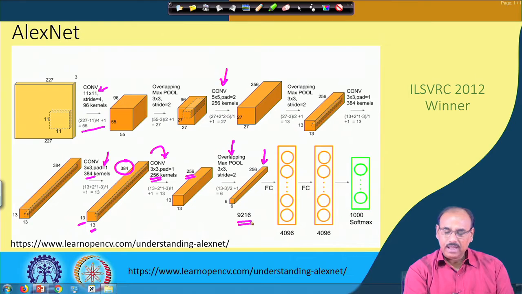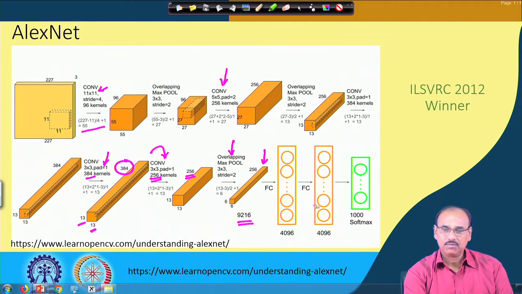Each of them is connected to each of the nodes in this first fully connected layer. So the number of connections or parameters in this case is 9216 into 4096. And then every node of this first fully connected layer provides input to every node in the second fully connected layer.